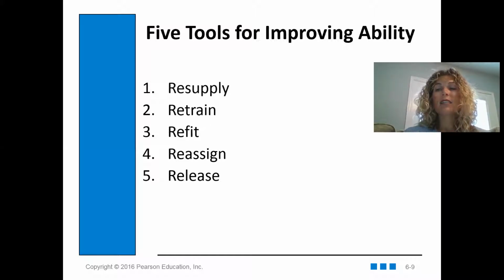Like if we go back to the example that I shared at the very beginning with the computer, I have an employee who never gets his reports in on time. And I recognize that they have one computer that they have to share on that floor or whatever it might be. If I don't recognize that and I just jump to releasing the employee, right?